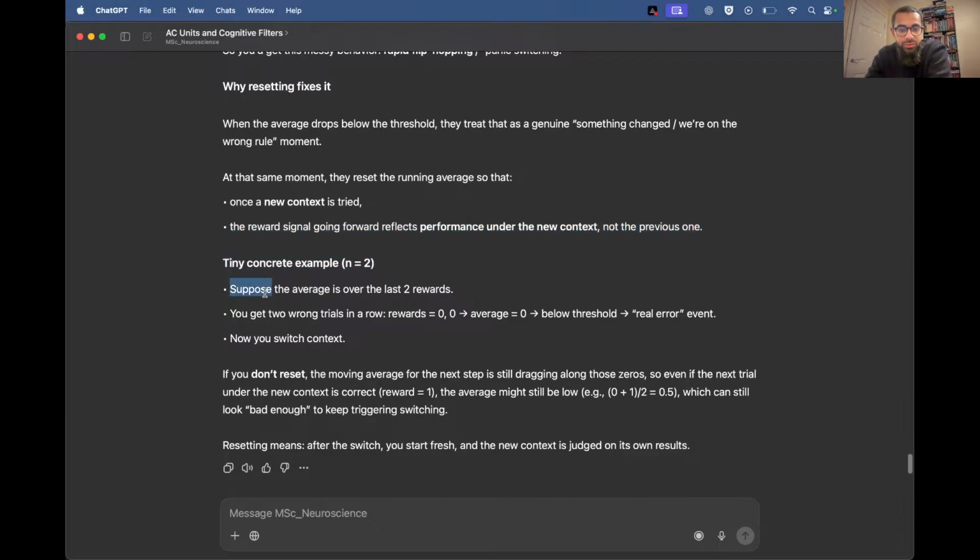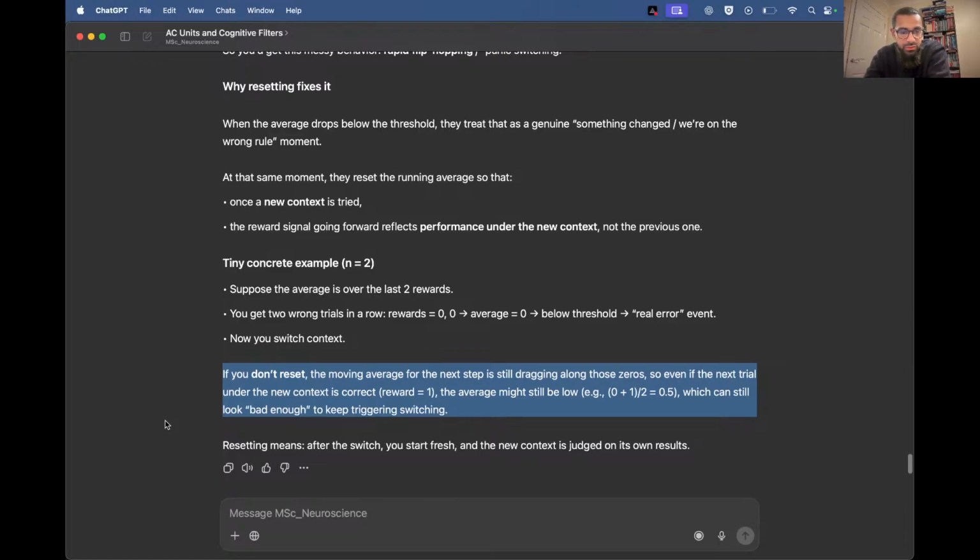Tiny concrete example, suppose the average is over the last two rewards. You get two wrong trials in a row, zero, zero. Now you switch context. If you don't reset, the average for the next step is still dragged down by these zeros.